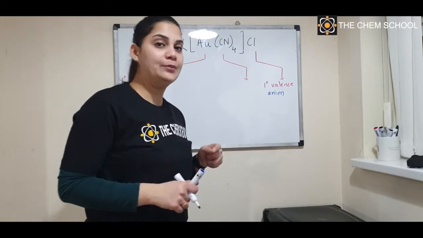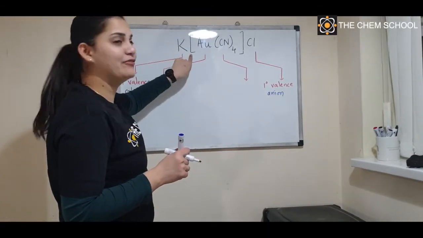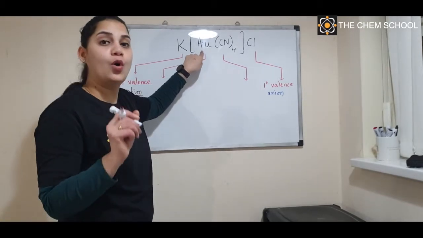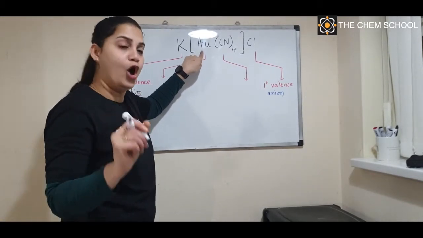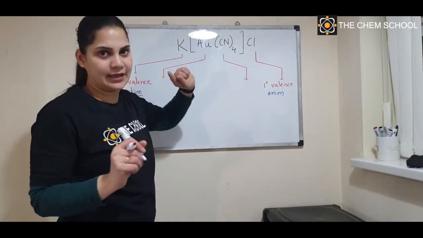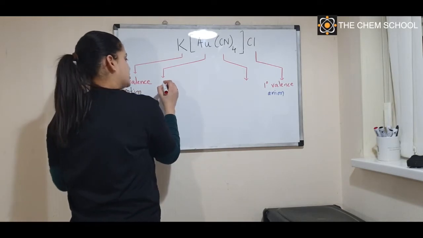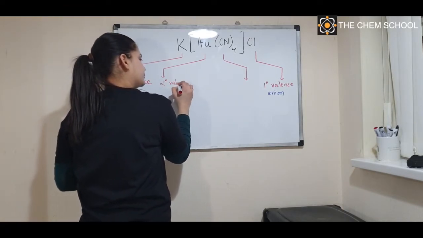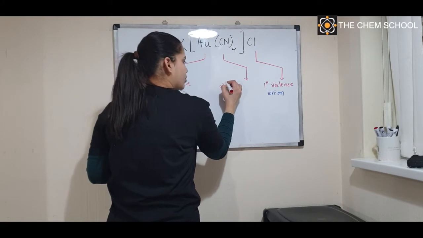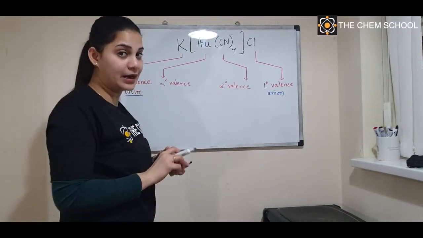Let's talk about the other part, that is in the square bracket. In the square bracket, immediately after the square bracket, you will have your central metal. Everything inside your square bracket is your secondary valence. So this is your secondary valence, and this is also your secondary valence because it is also inside your square bracket, but they are different.